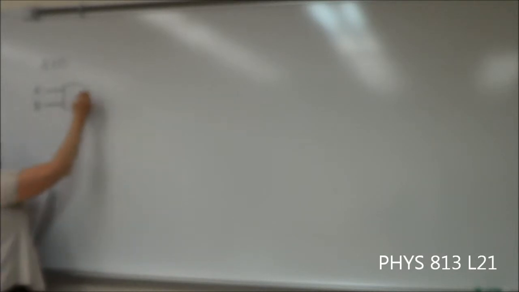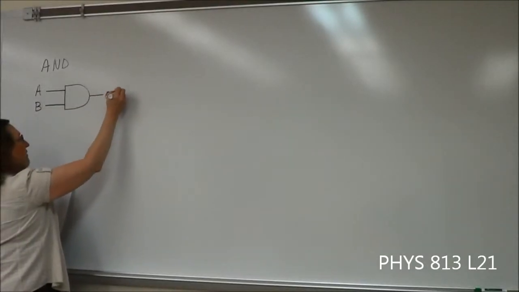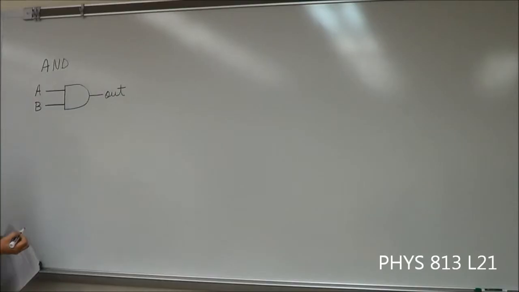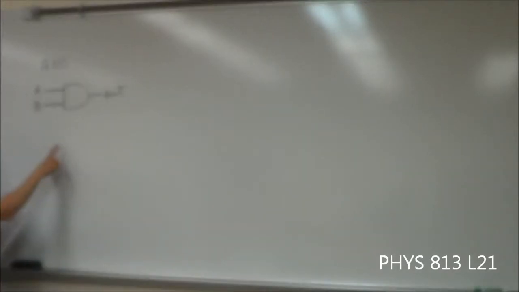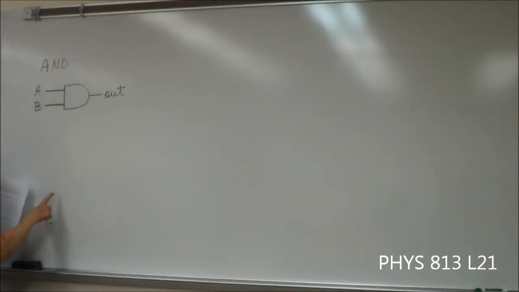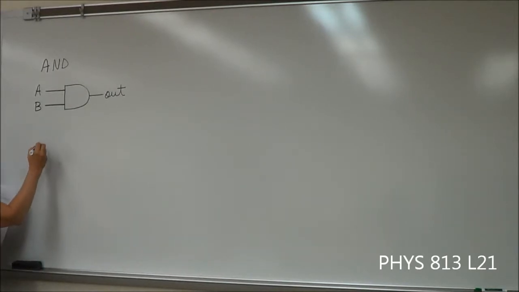You read this from left to right. So here is A and here is B. And then over here we have the output. So I think what I'm going to do is put the truth table underneath. Okay?